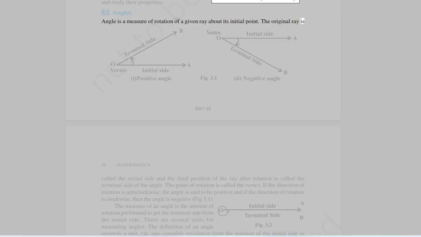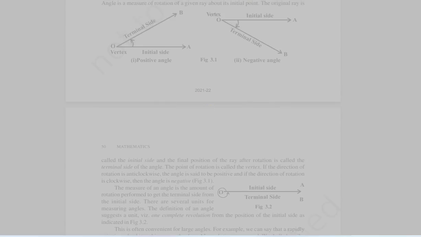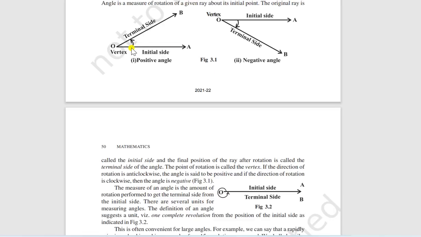The original ray is the initial side. This is the terminal side. Terminal always means final. If you've heard words like terminal gate in railway stations, and even term 1, term 2, term means something which is ending.